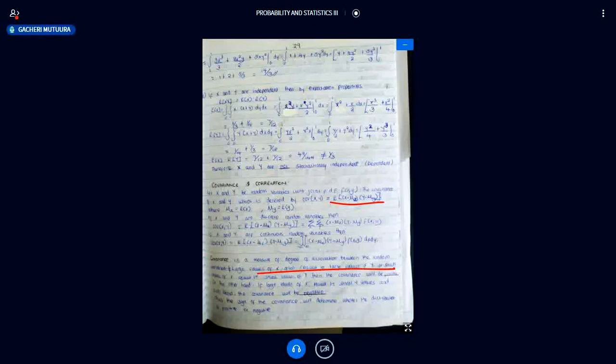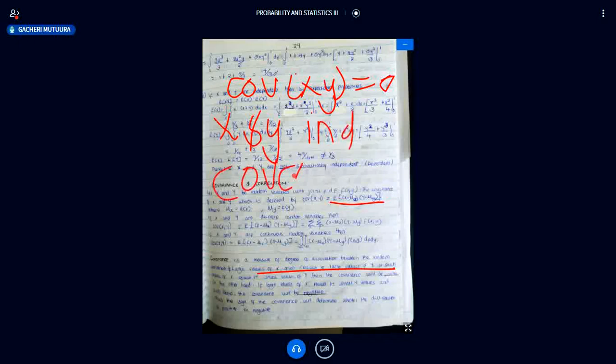If the covariance of xy is 0, it does not necessarily mean independence. But if x and y are independent, then the covariance will definitely be 0. If you compute the covariance and get 0, it does not mean they're independent.